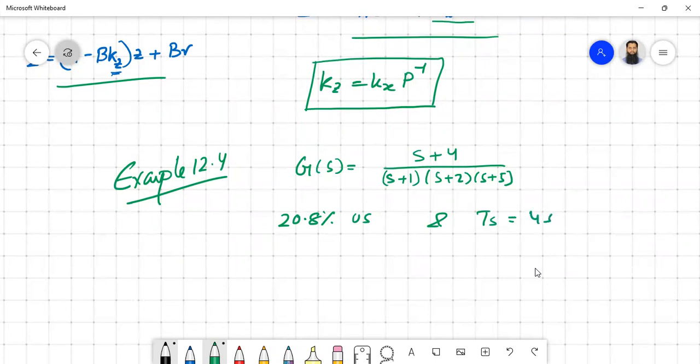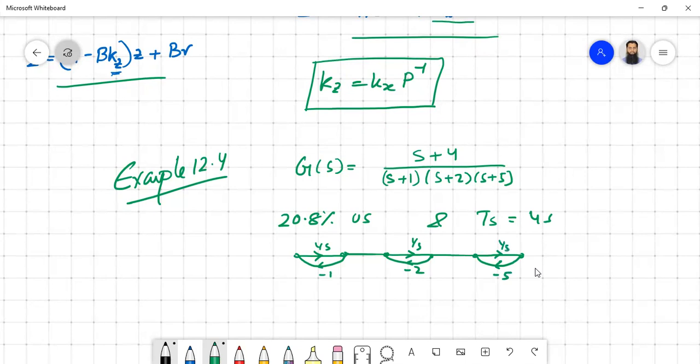So first thing first, let us represent the system in the cascade form, which is easier to find. Minus 1 by s, minus 2, minus 5.